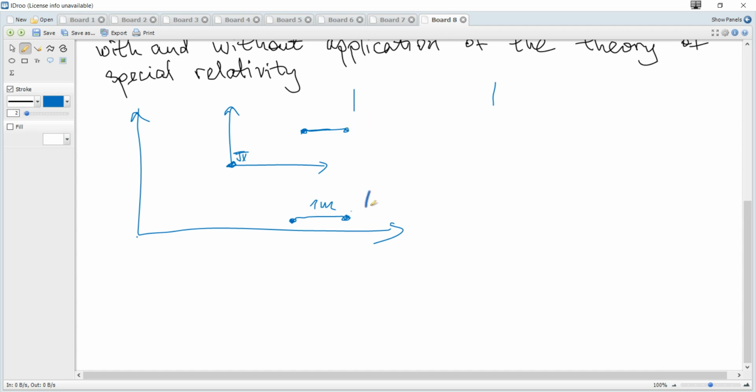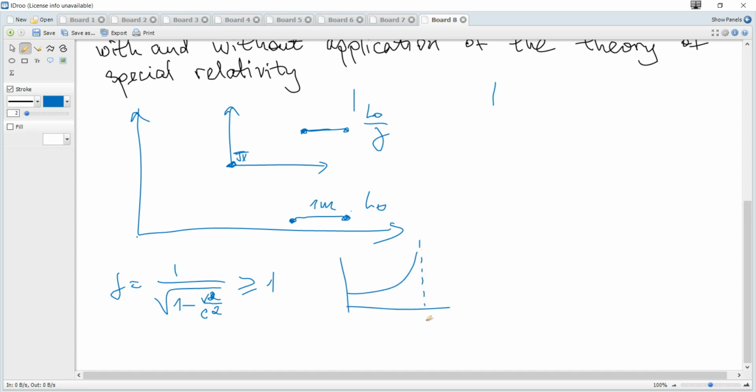If it's L0 in the rocket, it will be L0 over gamma measured from the Earth. So we will measure contracted length of something in the rocket, and gamma is a factor equal to 1 over root of 1 minus v squared over c squared, and it's always greater than or equal to 1. The graph looks like this.